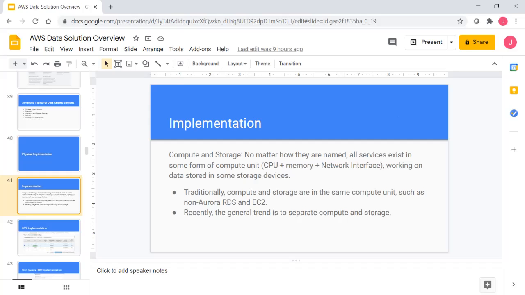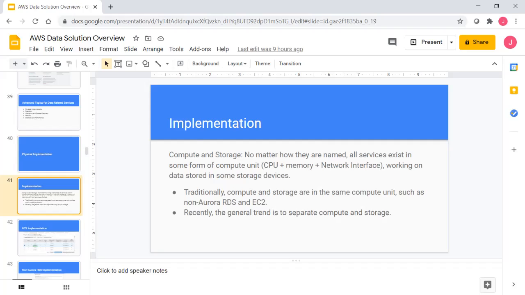It must be some CPU plus memory and an attached network interface. It uses the network interface to attach to a network so that it can communicate with other components. Then it will work on data stored in some storage devices. So basically, when we talk about any component or service, we talk about compute and storage.